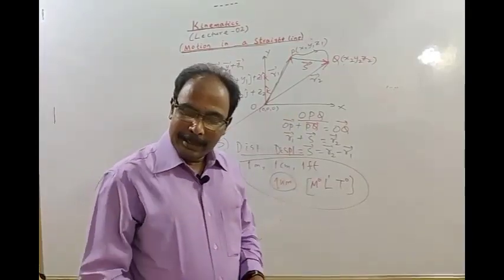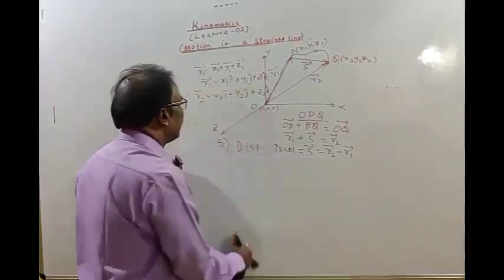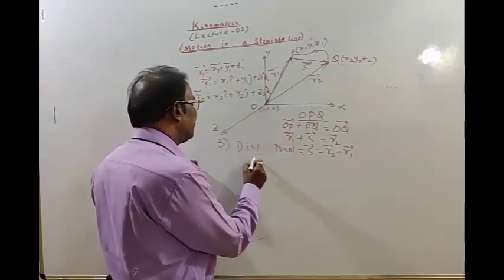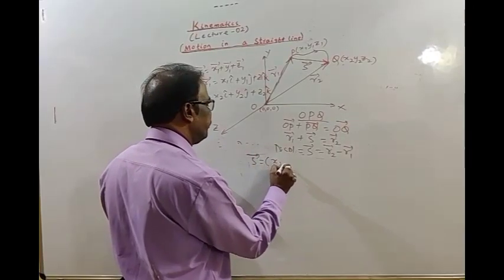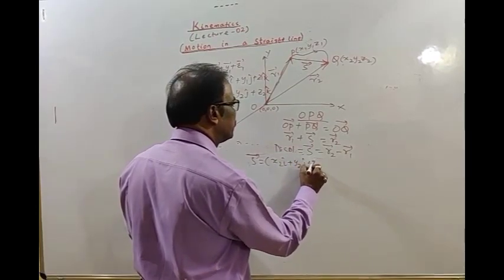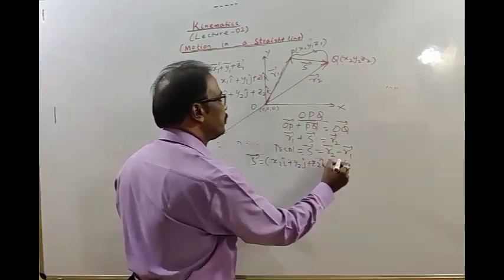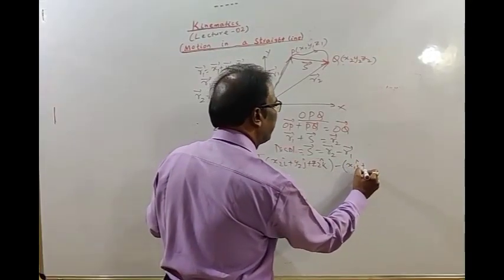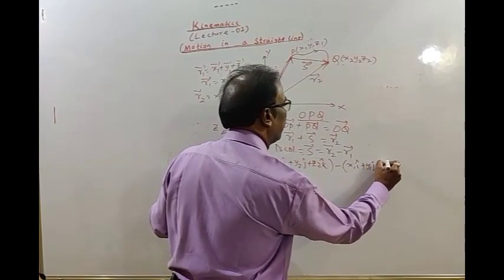Okay. Then the total expression for the displacement vector. In place of r2, we can write x2 i cap plus y2 j cap plus z2 k cap minus, in place of r1, the expression of r1, x1 i cap plus y1 j cap plus z1 k cap.